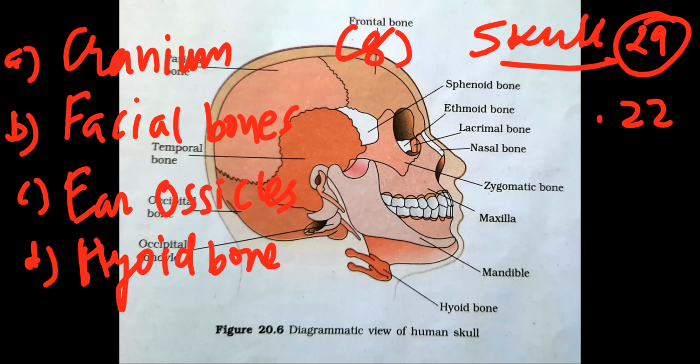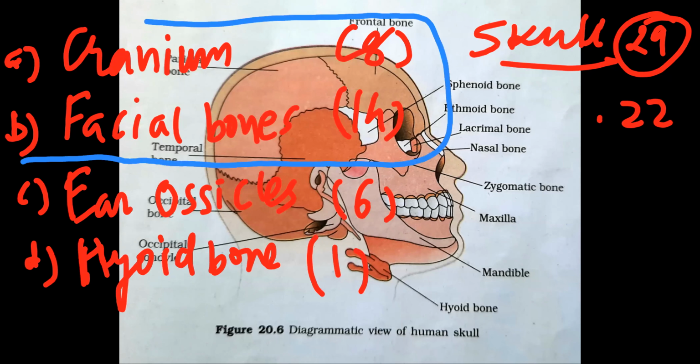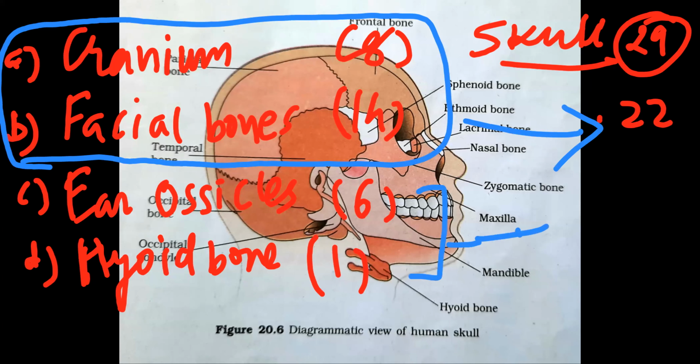There are 8 cranial bones, 14 facial bones, 6 ear ossicles, and 1 hyoid bone. The description in the textbook includes only the cranial and facial bones, so the number they write is 22. But 7 more bones are also there in the head region associated with the skull. So ideally speaking, the number shall be 29.